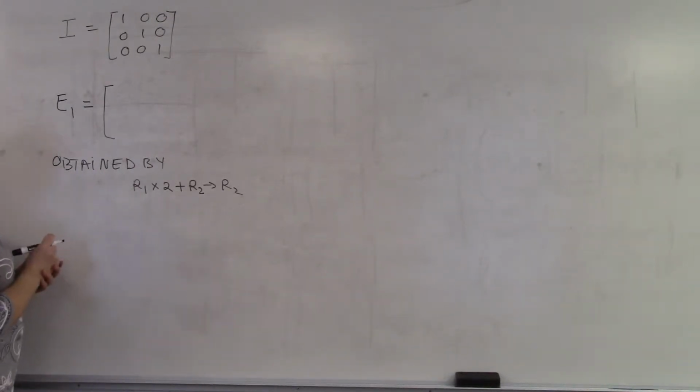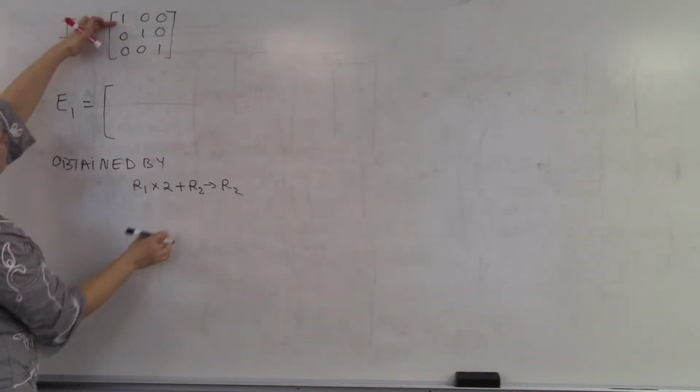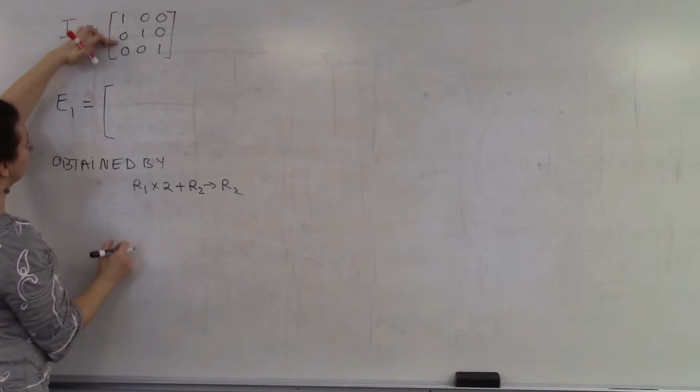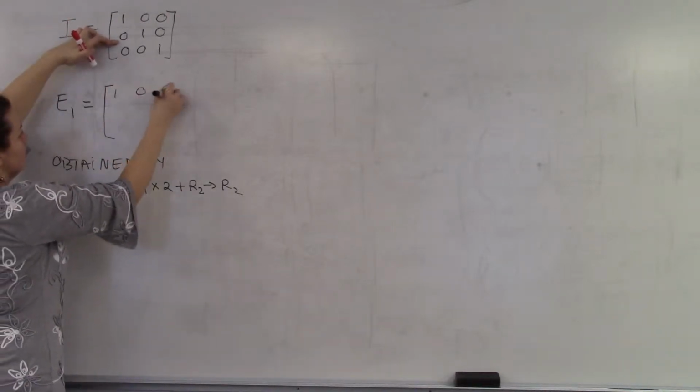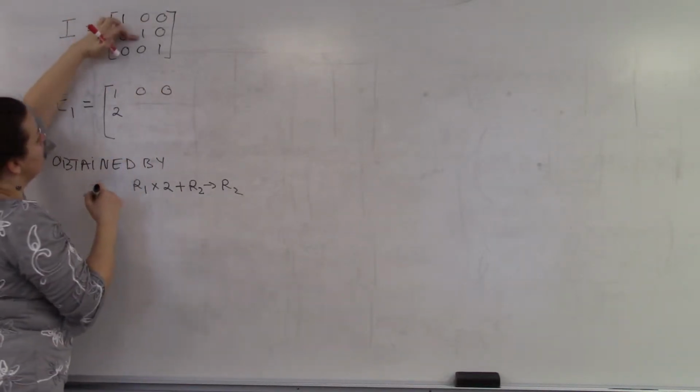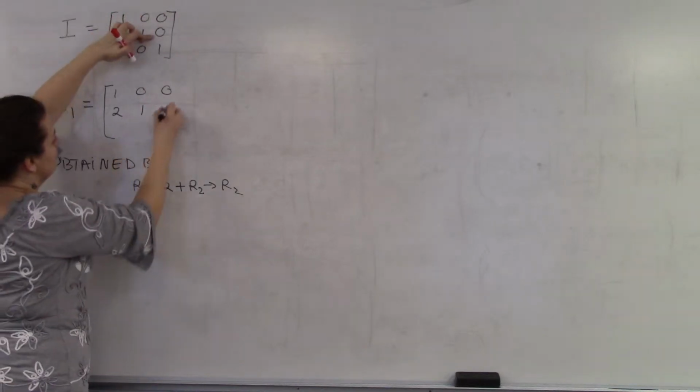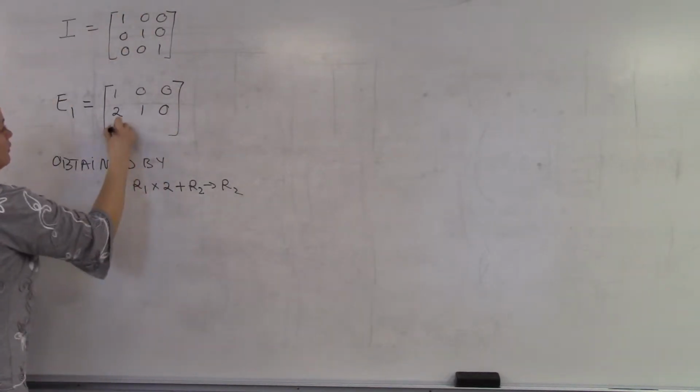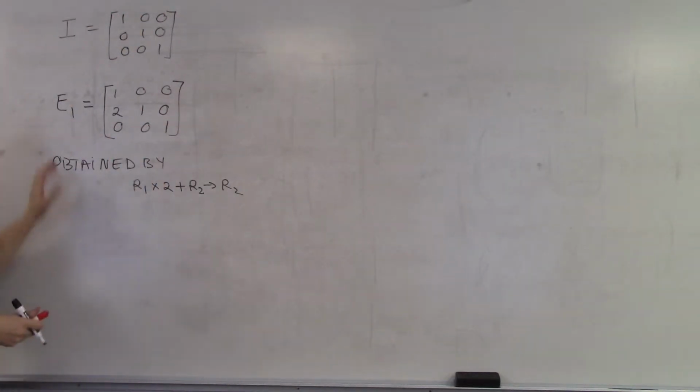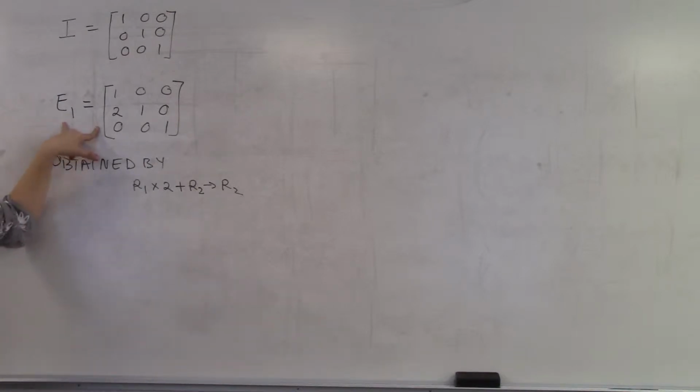So what we're going to do is just this to the identity matrix. So 2 times 1 is 2 plus 0 is 2. That's 1, 0, 2, 1, 0, 0, 0, 1. Okay, so this is called an elementary matrix because it's obtained from the identity by performing one elementary row operation.